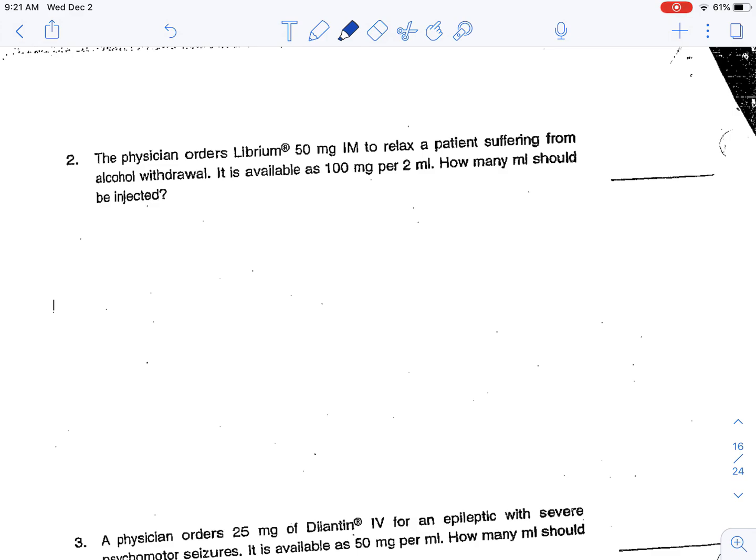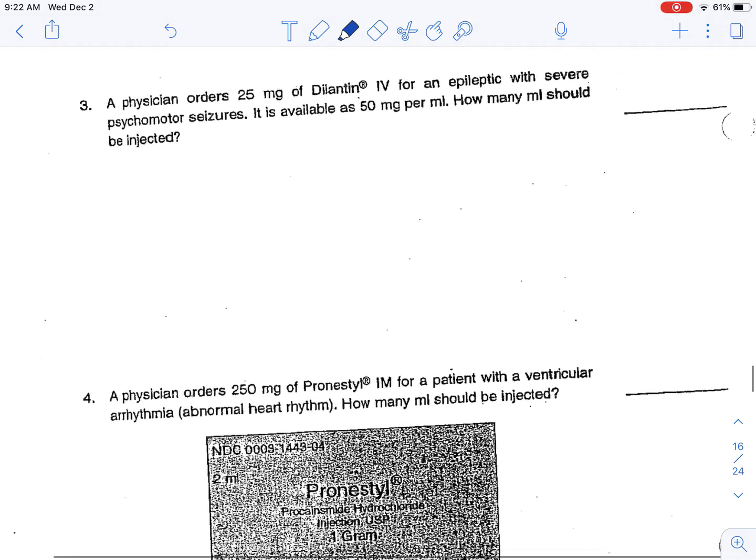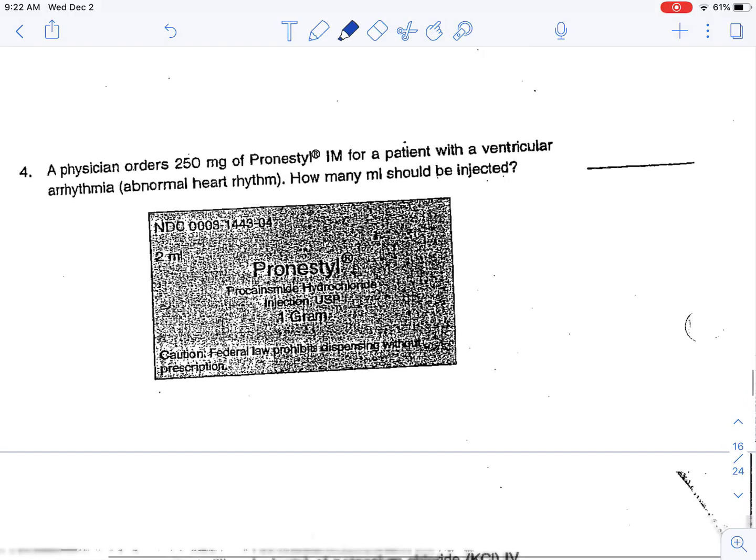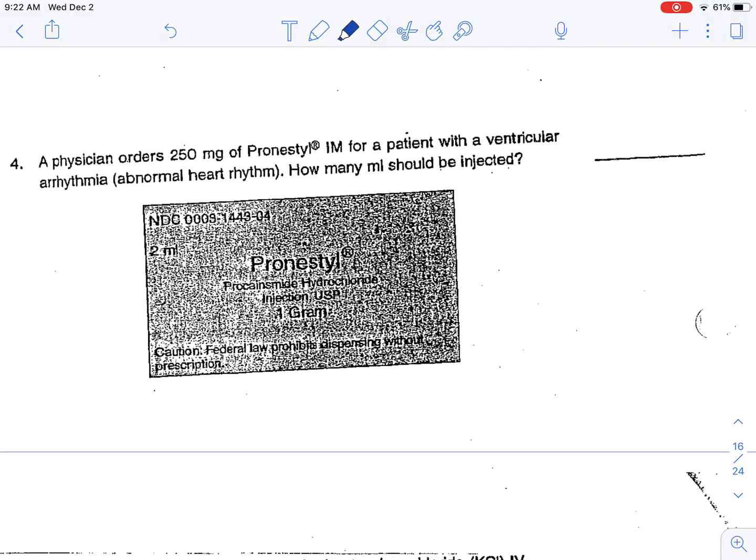So let's do another one together. Well, you know what? We'll pick it off of here. We'll do number 4. This is reading a label, and the label is a little bit difficult to read, but you're looking right here, 2 milliliters and 1 gram. So our question says that the physician orders 250 milligrams of parenteral, I think.